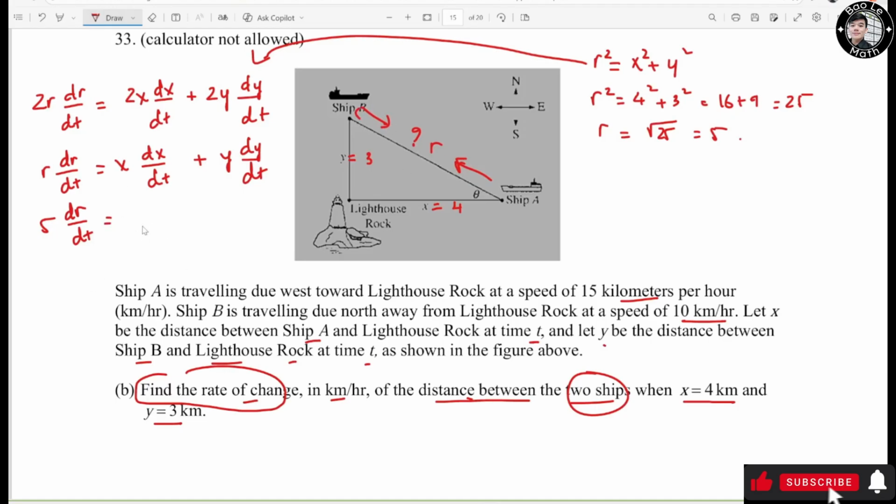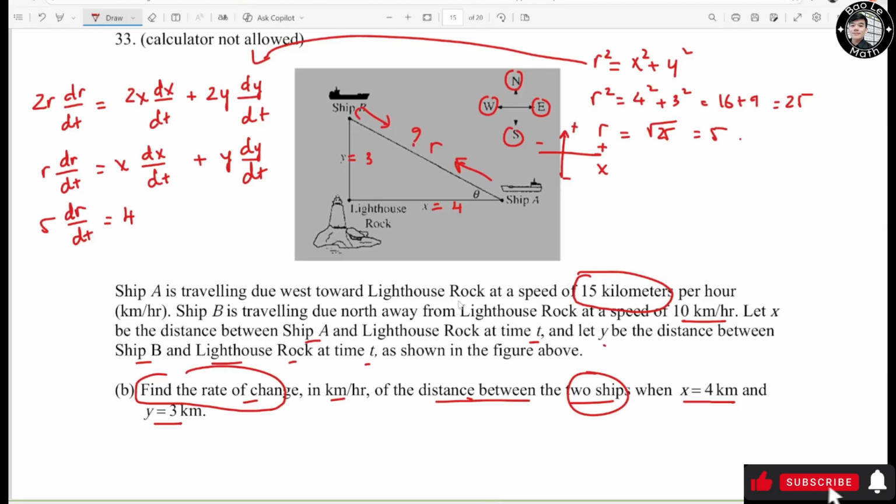S equals 4 times ds over dt. ds over dt is given by 15 right here. But you need to be careful. It's going to be negative, right? Now think about the s and y coordinates right here. This is west, this is east, north, and south, right? Look at the s and y coordinates right here. It's going to be positive, negative, negative, positive, right?